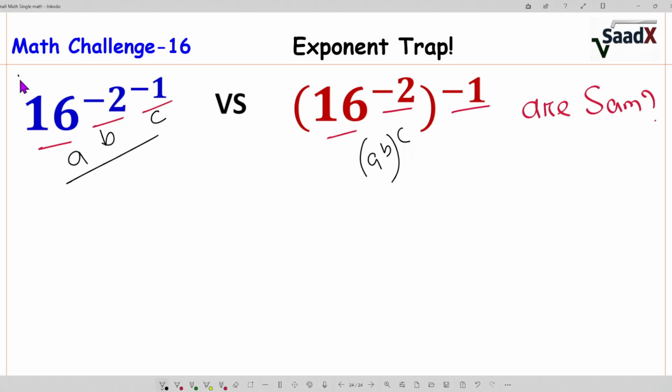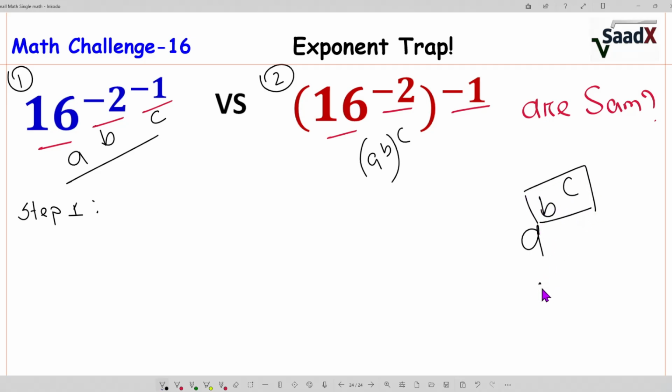First one, we try to solve this one step by step. Step 1. Once you are facing a to the power b to the power c, you should solve b to the power c first.